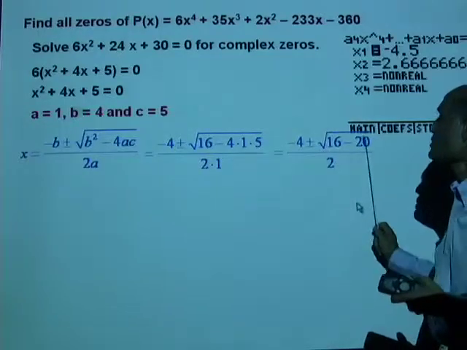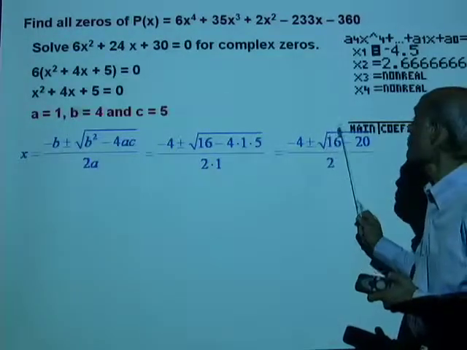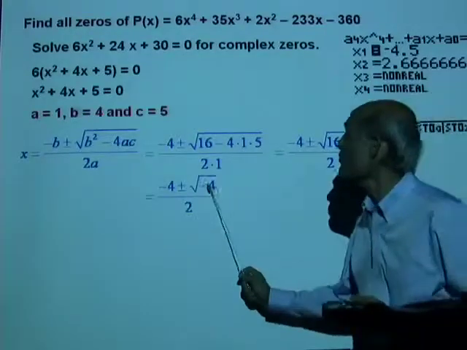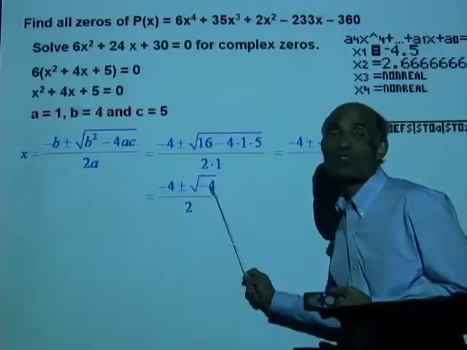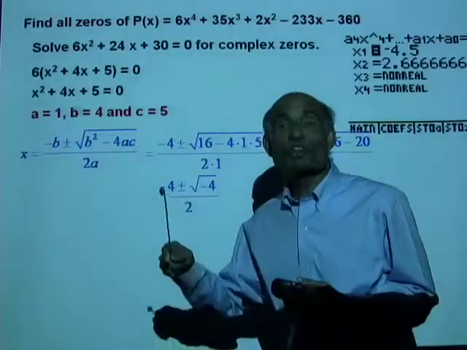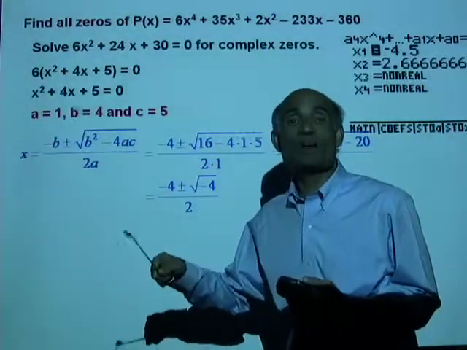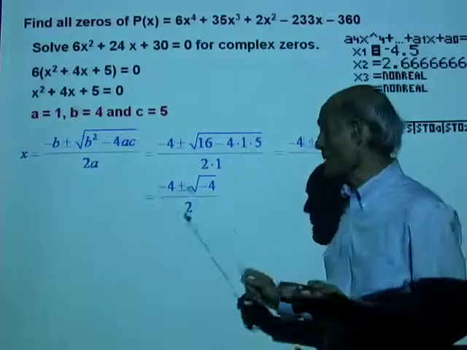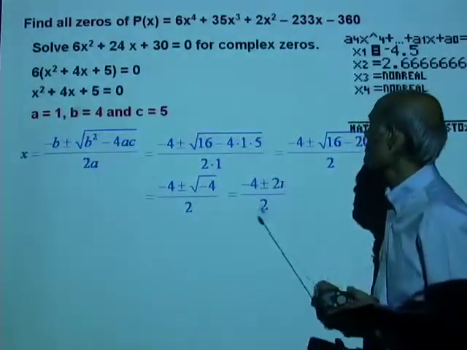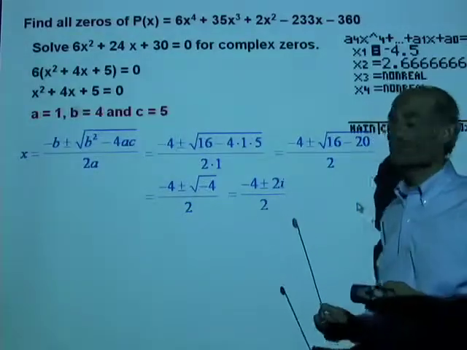And we have done these kind of things before. Square root 16 minus 20 is square root negative 4. And square root negative 4 is square root 4 times square root negative 1, which is 2i. So this will be negative 4 plus or minus 2i all over 2.